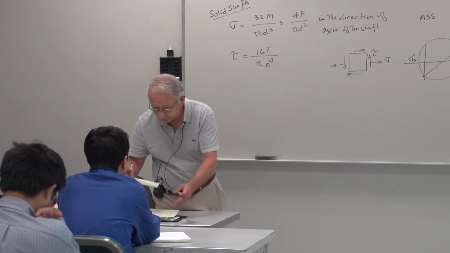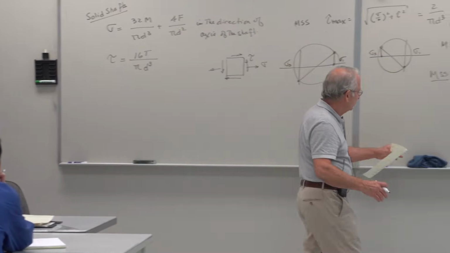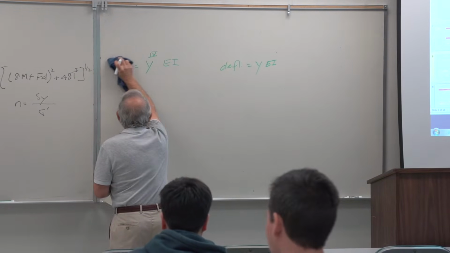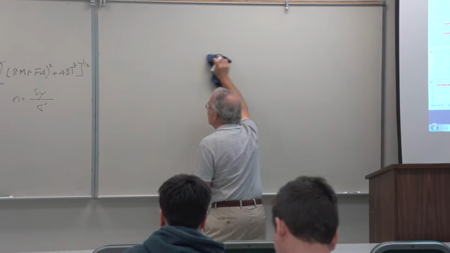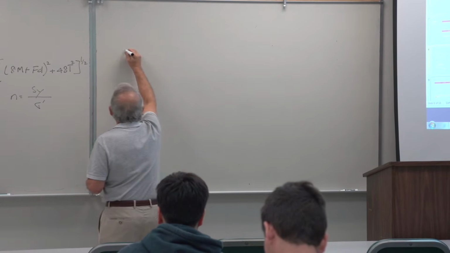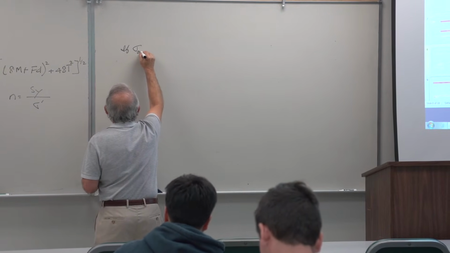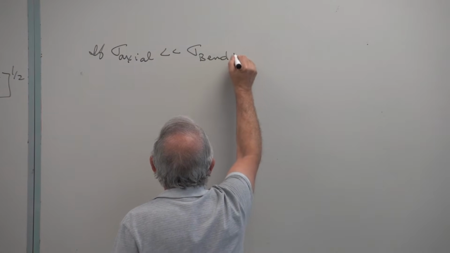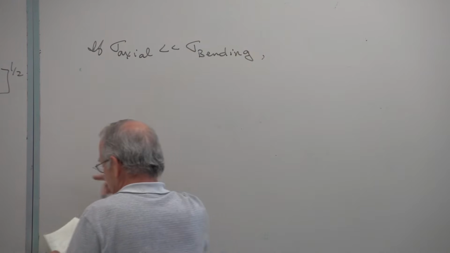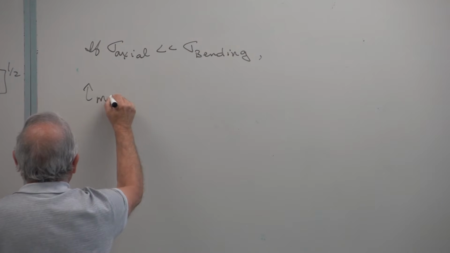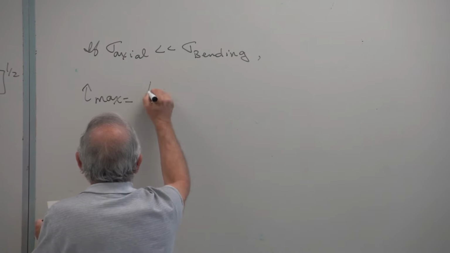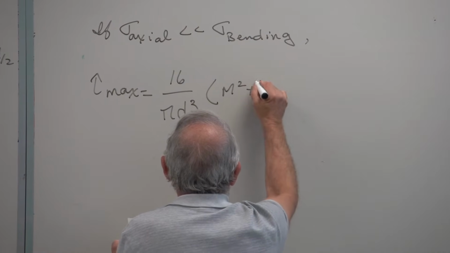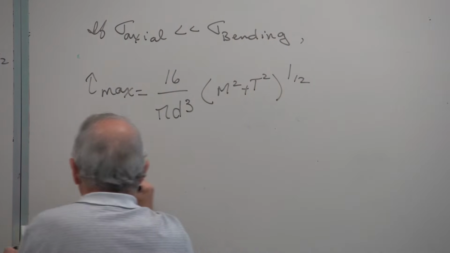If we do that, then these equations become tau max equals 16 over pi d cubed times m squared plus t squared to the 1/2.